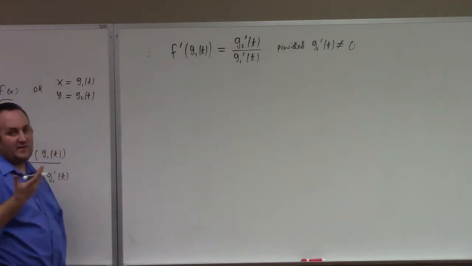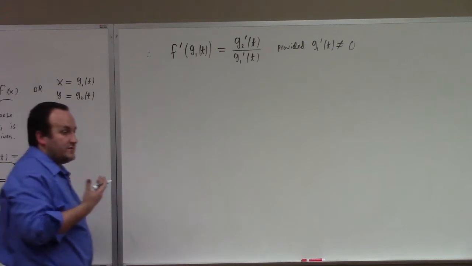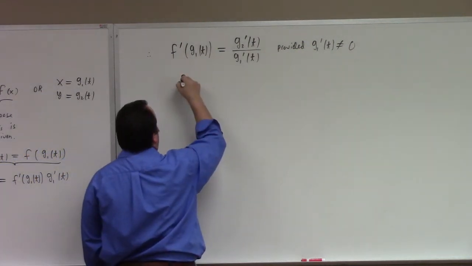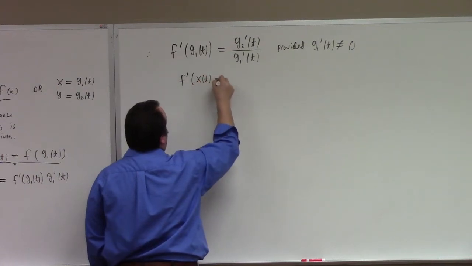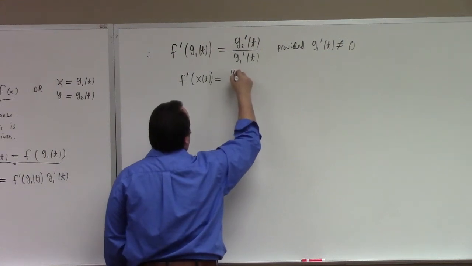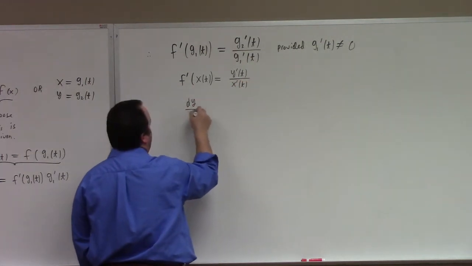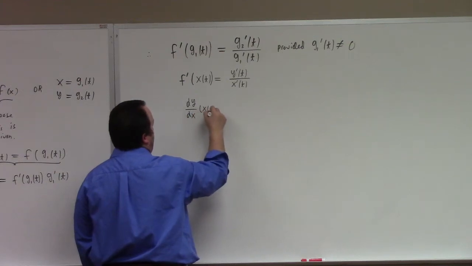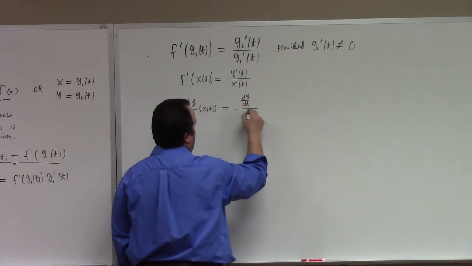I have not been using g1 and g2 in our applications, because to me it's far more natural to write f prime of x of t is equal to y prime of t divided by x prime of t. Or better yet, this is dy dx at x of t is equal to dy dt divided by dx dt.